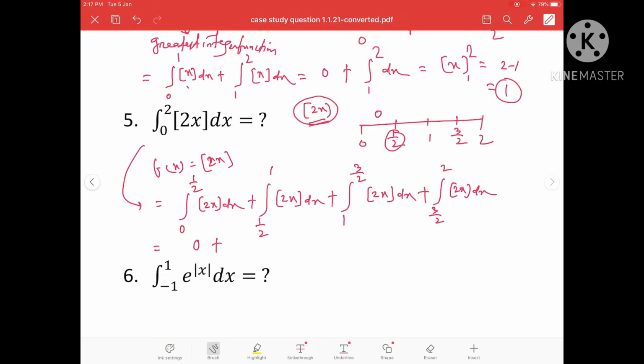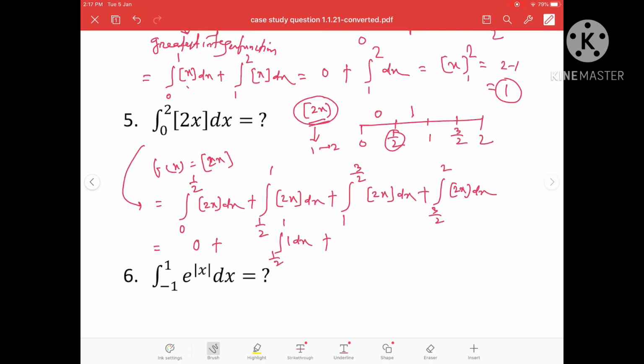Now comes bracket of 2x from half to 1. If you put x equal to half, this will give you 1. If you put x equal to 1, this will give you 2. And we know between 1 and 2, the bracket function gives you the value 1. So here this integration will be half to 1, 1 dx.